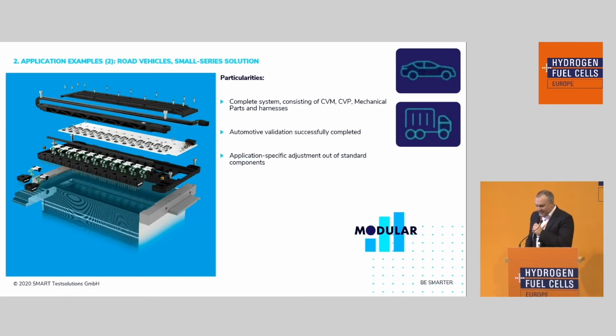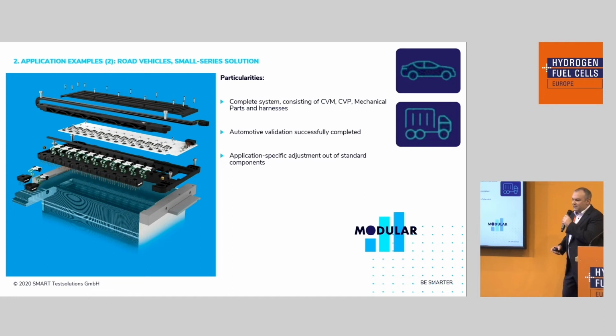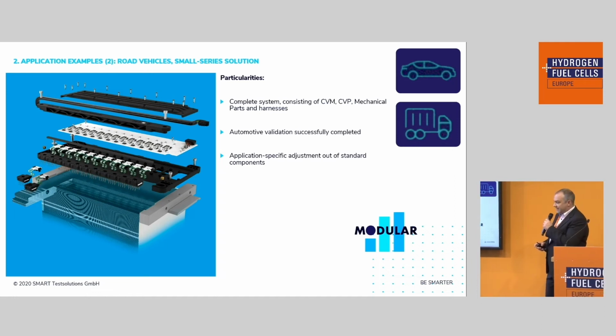So what you see here is an application for vehicles in small series, I would say. We are not yet in large series. That can be a car, that can be a truck, that can be a bus. And here you already see that it's not only the CVM. The whiteboard is the CVM. Now it's no more a modular structure, it's a single board solution.